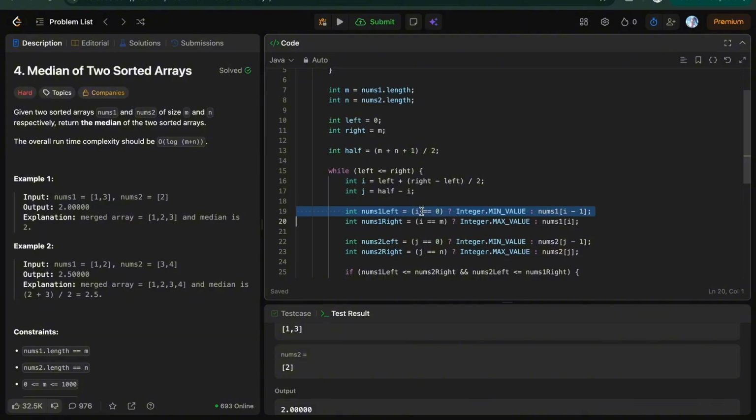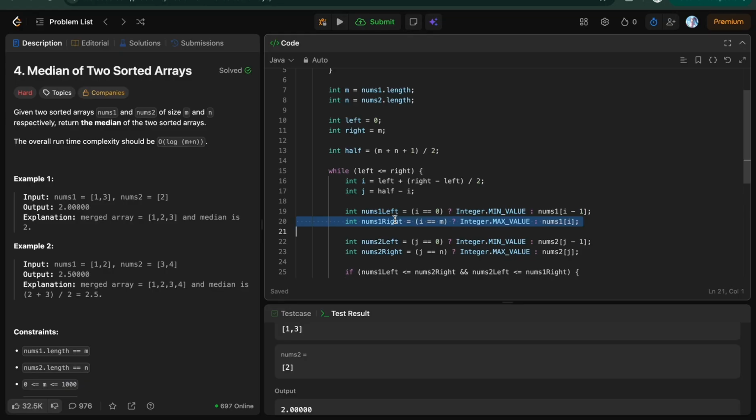Now right here, this line basically means that this gets the biggest number on the left side of nums1, right? So if i is equal to 0, that means we took nothing from nums1 for the left side. So we have to use integer min value as a fake very small number. Okay, and then this right here, same idea.